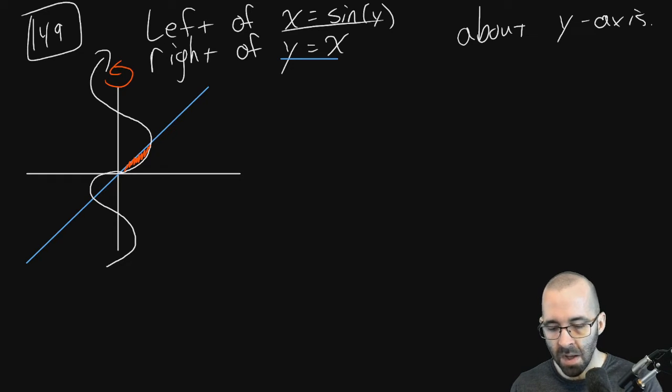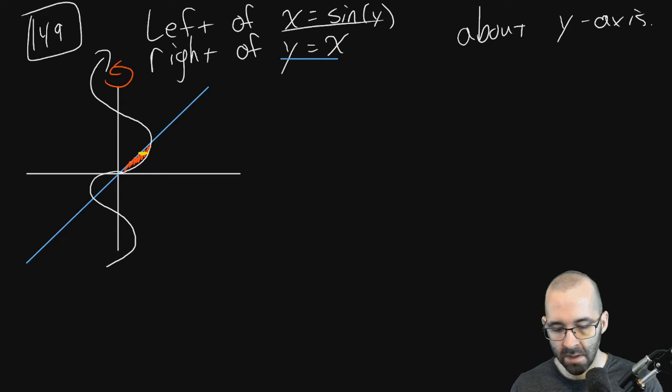All right, so if we use the washer method, then we want things in terms of y. And this kind of looks like the shell method, but we're doing this little washer over here.